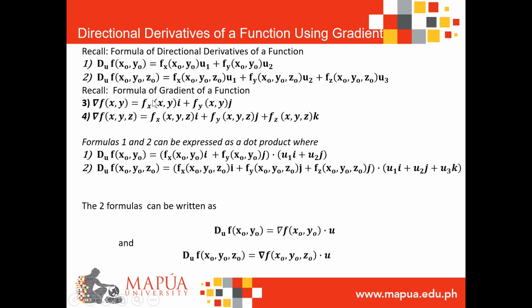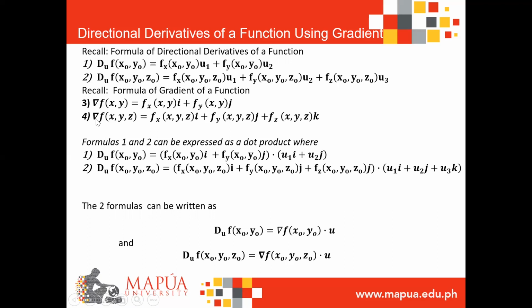Then let's recall also the formula of gradient of a function. So we defined last time the gradient of a function of 2 variables. So we have here equation 3. So del f is equal to f sub x evaluated at x, y times i plus f sub y evaluated at x, y times j.